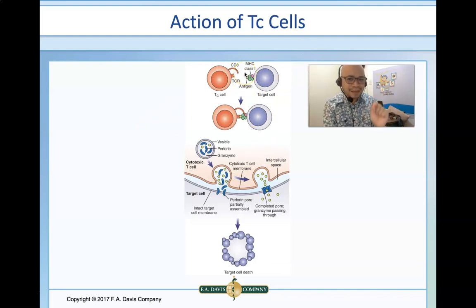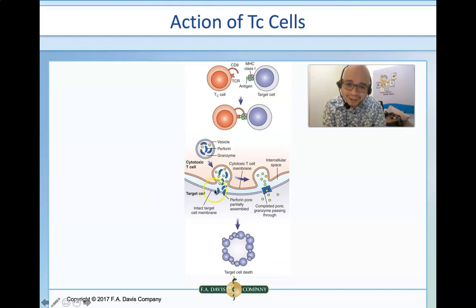So what will happen is that MHC class 1 is displayed to CD8, which is the cytotoxic T cell, and there would be interaction. Now, this cytotoxic T cell will produce two main things. First, it will produce perforin, and then granzyme.